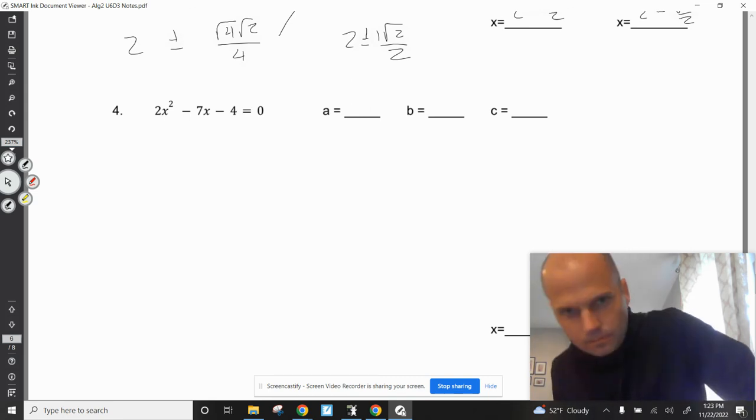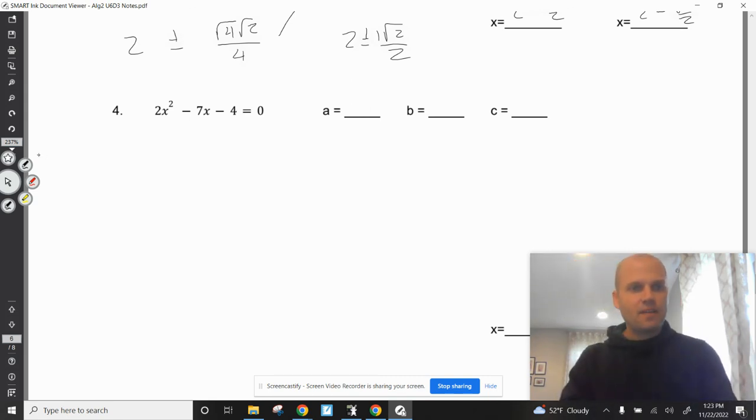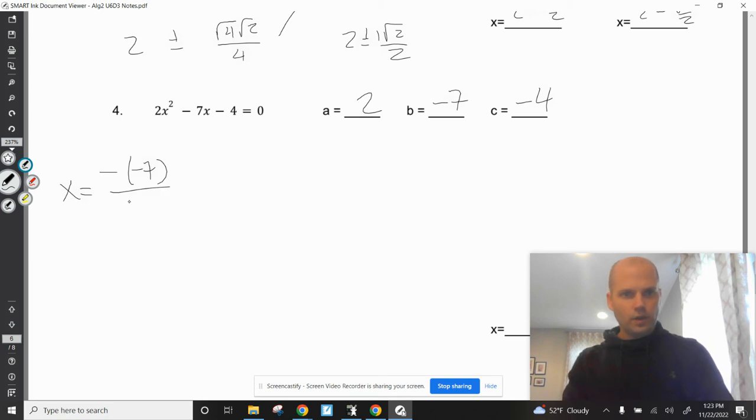Okay. Identify A, it's a number. Identify B, it's a number. Identify C, it's a number. C is negative. Be careful. Formula. Opposite of B. Negative B is negative 7, over 2 times A. If you want to just write that as 2 times 2, which is 4, do it.